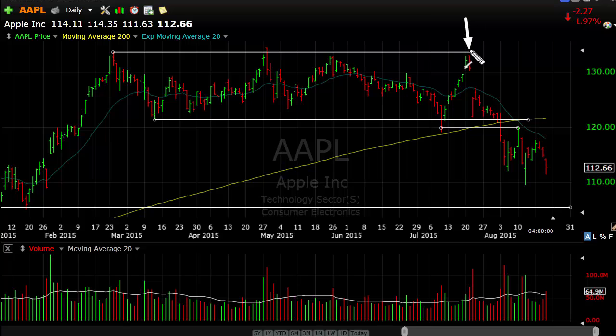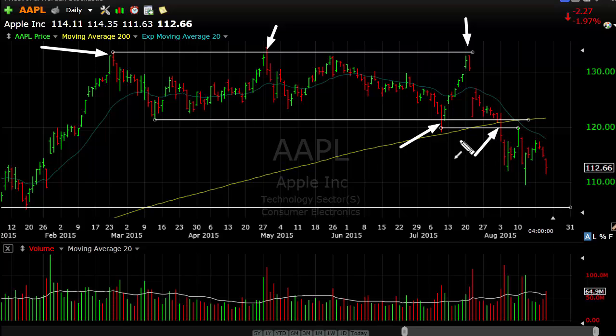There's a lot of things that I saw setting up, and I'm not going to cover them too much in detail here, just because we've dwelled on it along with the earlier ABCD pattern. But I've noticed the rejection here. I noticed it come back to test this, okay, and then the break here.